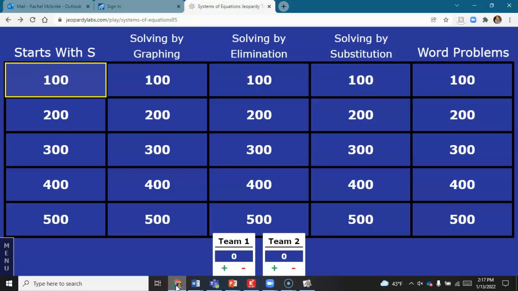So I'm not going to say team 1 gets 100 points until the marker hits the tray. If you're still holding your marker and they're giving you thumbs up, and the other person puts their marker down, they get the points, if they get it right.